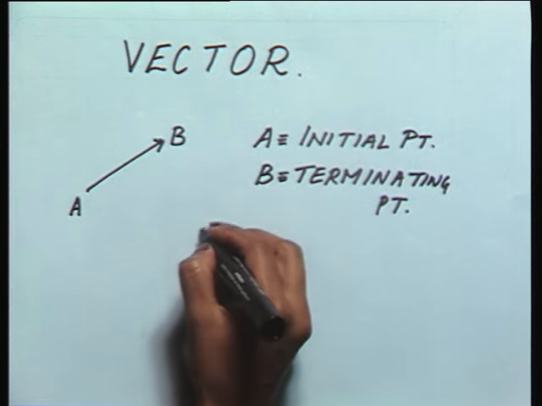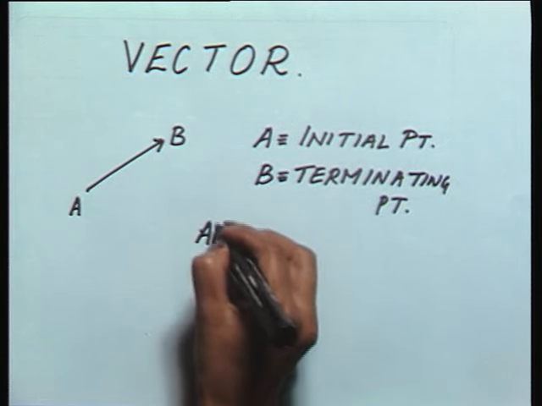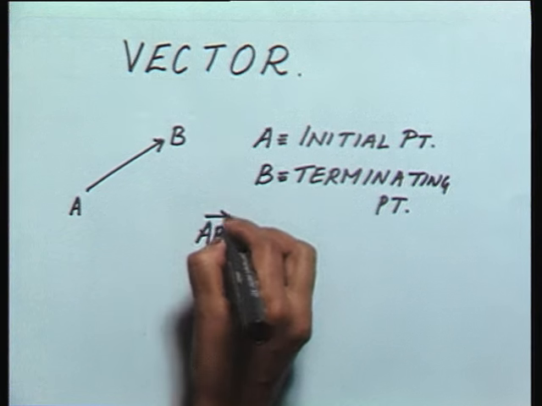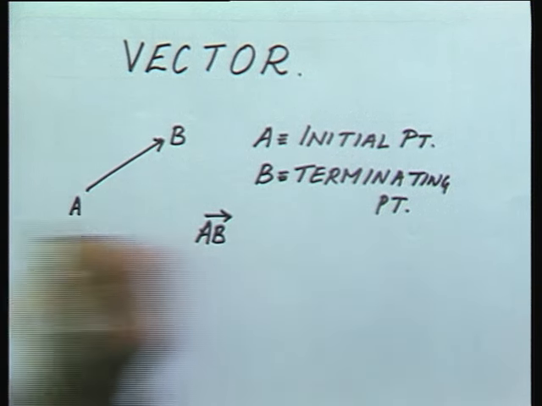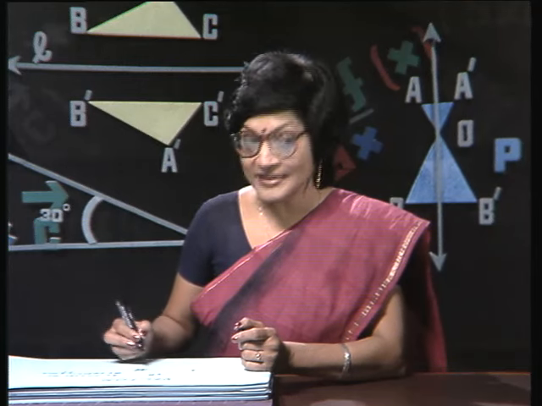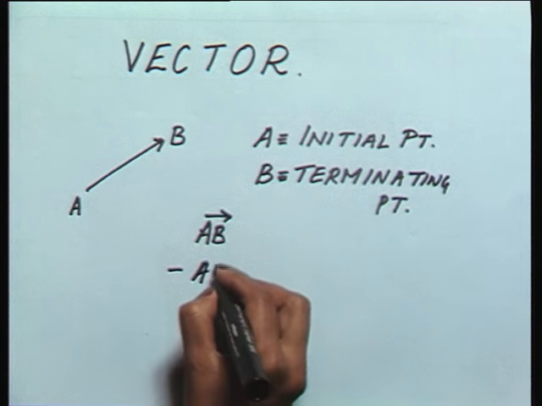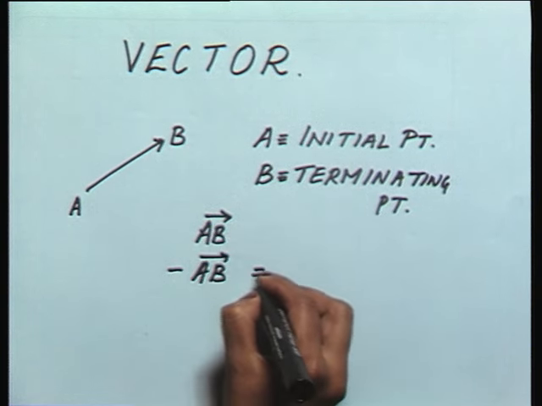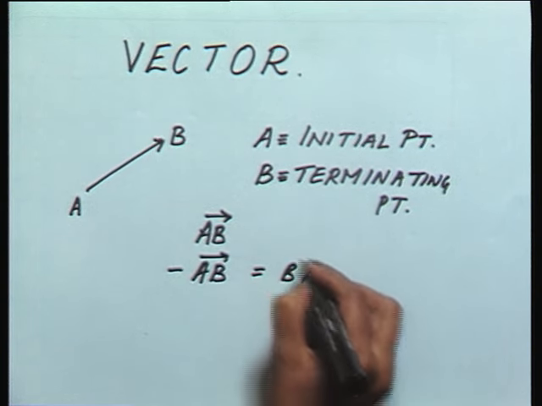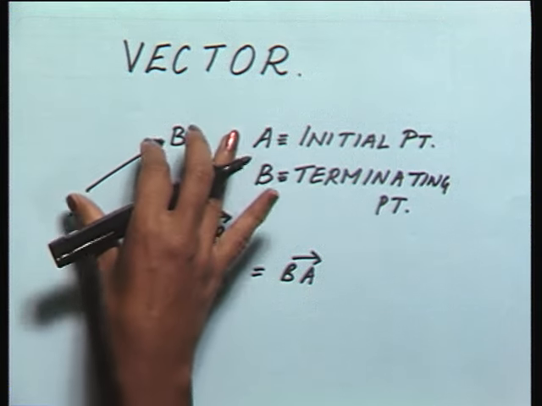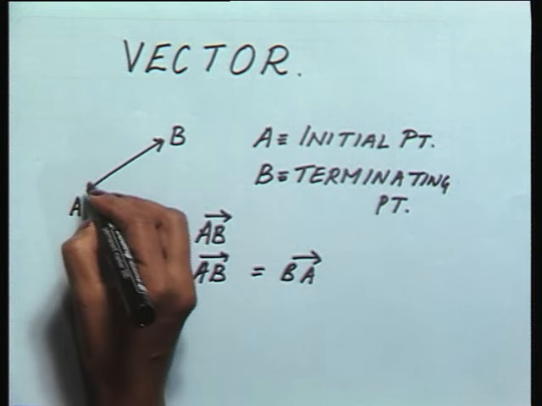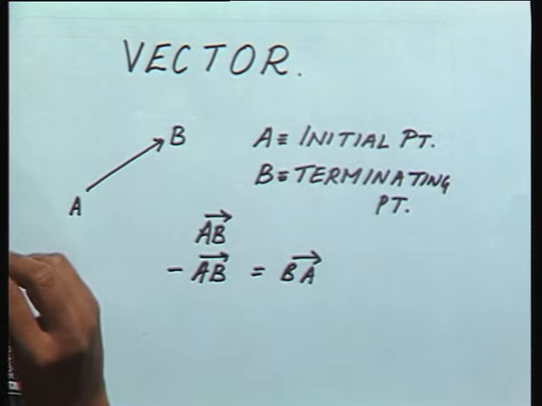The vector itself is written as AB with an arrow on top of it. The vector minus AB is defined to be the vector BA. That is, you take the same line segment and reverse the arrow.